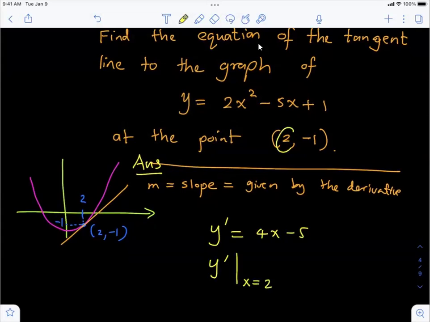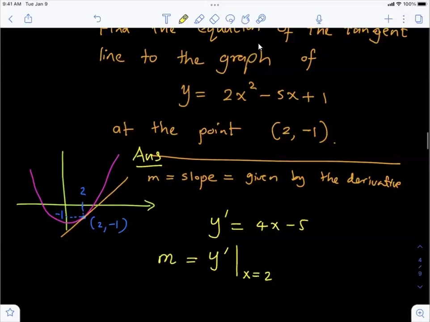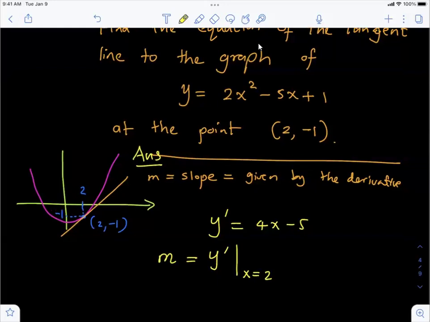That is exactly the value that I need to consider here for this point. And that is going to be my value of slope. So this special notation that I use here, after y prime, I put this vertical line segment and I put x equals 2. This is a shorthand notation to indicate that I'm about to evaluate y prime when x equals 2. So let's do that computation.